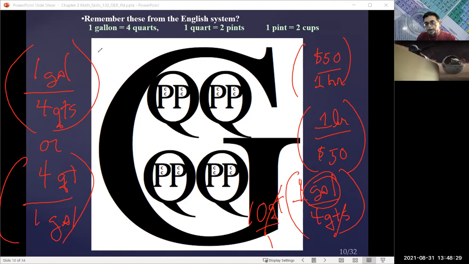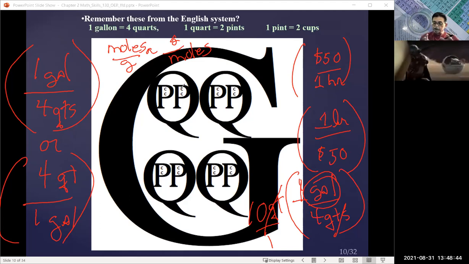Down the road, we're going to be talking about moles per gram or grams per mole, another ratio. Right now it looks a little foreign, but if you follow this technique, when we get into chemistry problems, I guarantee you'll set your problem up correctly.